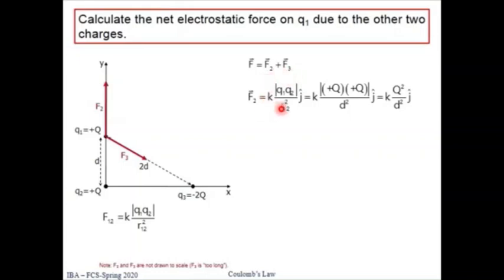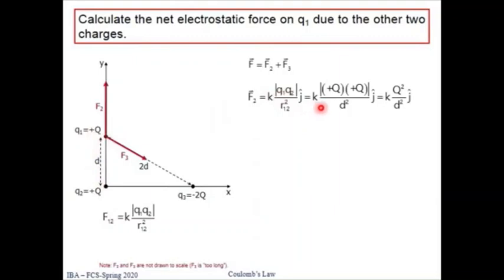Now let me find these two forces one by one. F2 is equal to K Q1 Q2 divided by R12, where R12 is the distance between Q1 and Q2, which is given here.